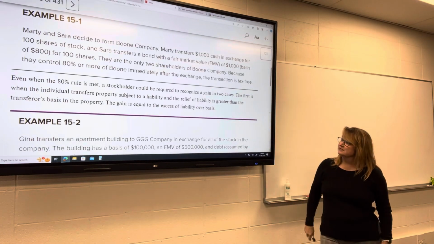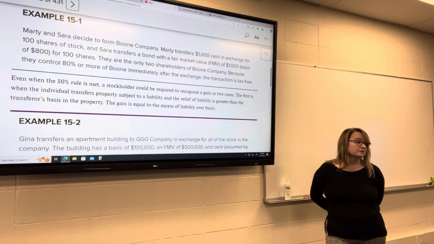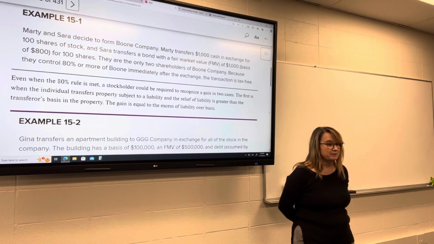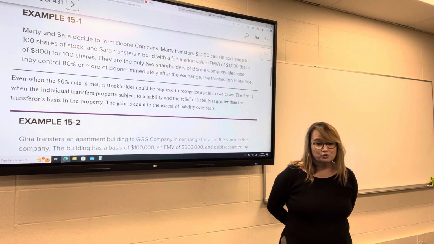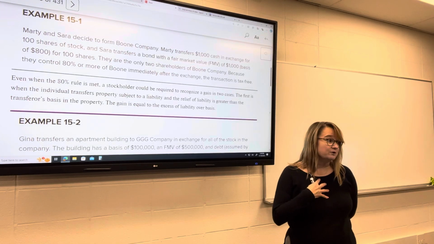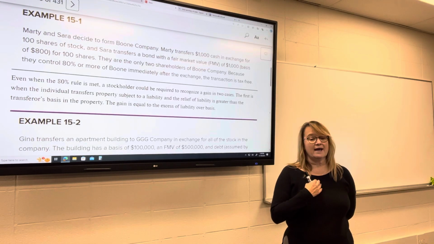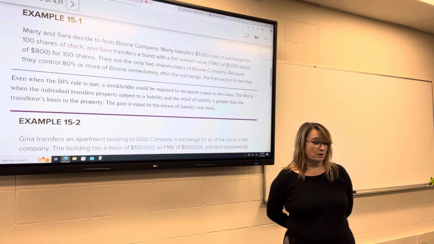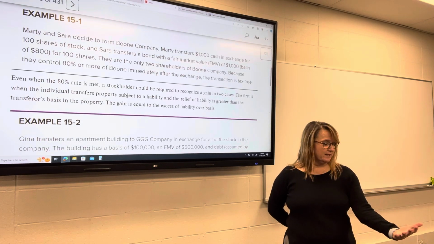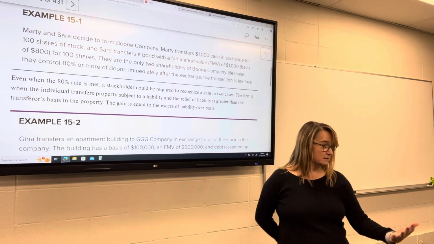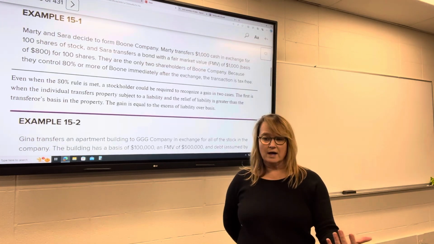If the relief of the liability is greater than the transferor's basis in the property. So my $100,000 building, my basis is $100,000, but I have a $120,000 loan on it. I transfer that over and the corporation is going to be taking on that loan as well.